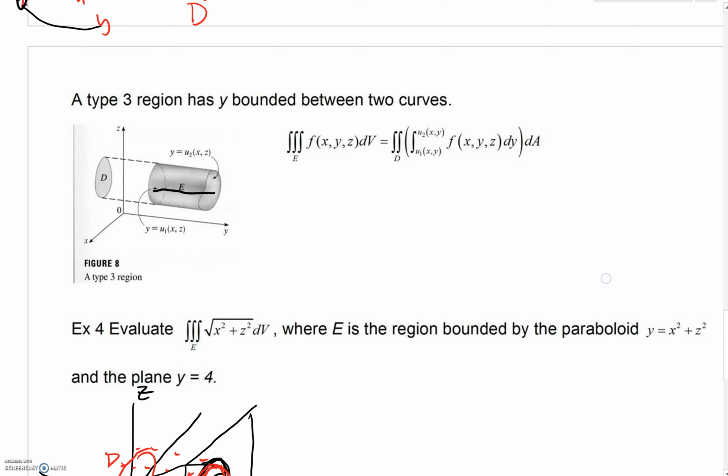Here's one last region, a type 3 region, where your y's are bounded between two curves. You could see once again that perhaps your y values will always be greater than and less than two curves, which we'd like to write as curves involving just x and z. So, as we're working that out, you can see more or less what is happening here.